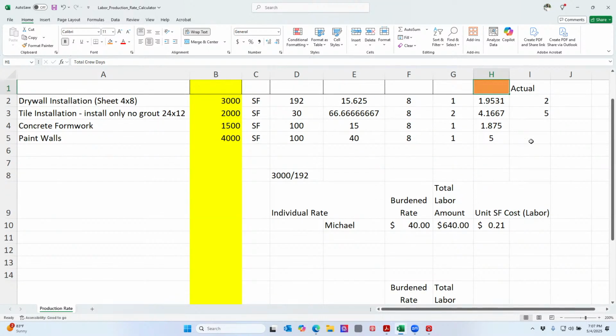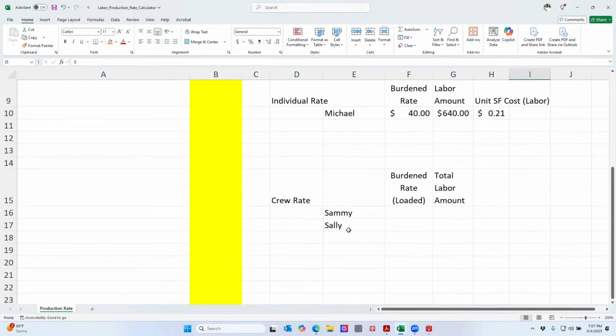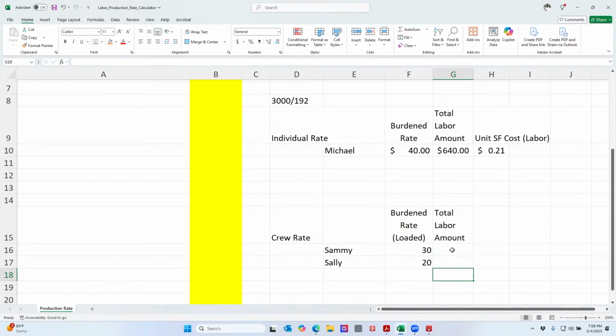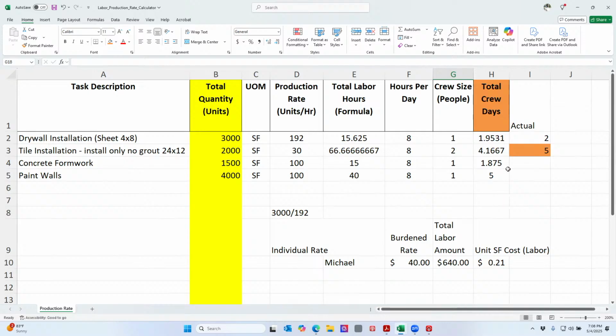So if I have 5 crew days, and let's just say it's Sammy and Sally working. Sammy has a rate of $30 an hour. Sally has a loaded rate of $20 an hour. Okay. We're going to take how many crew days? 5 crew days, right?